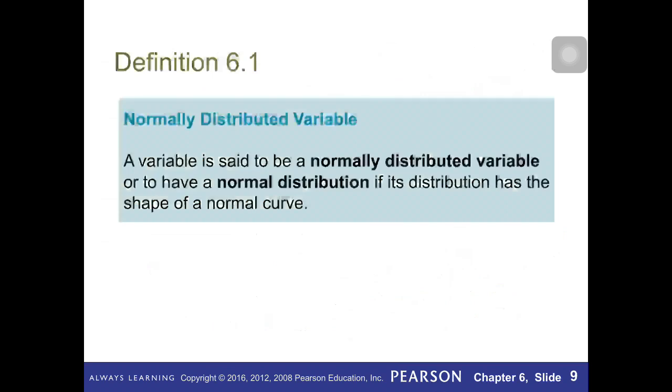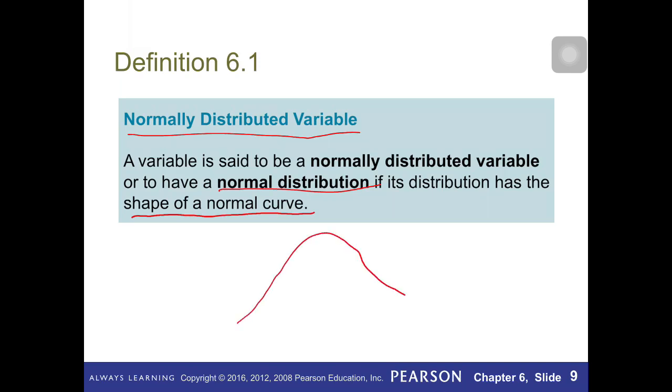Okay, normally distributed variable. This is really important because most of the time you will see this term, normally distributed variable. A variable is said to be a normally distributed variable, or it has a normal distribution, if its distribution has the shape of a normal curve. What is a normal curve?